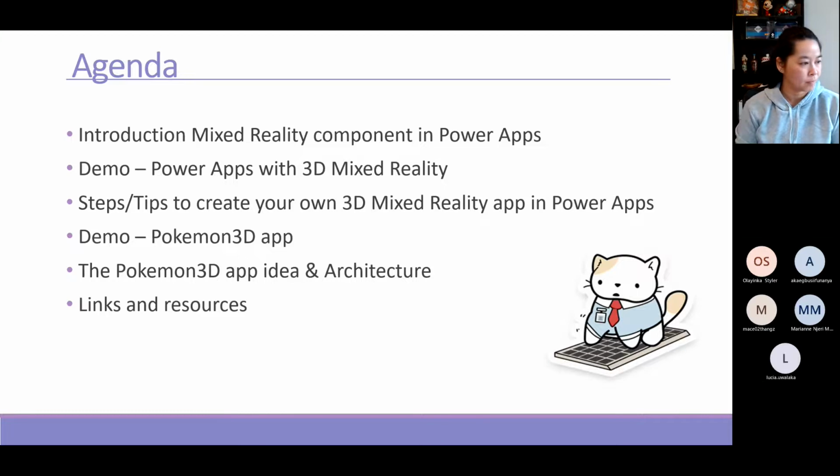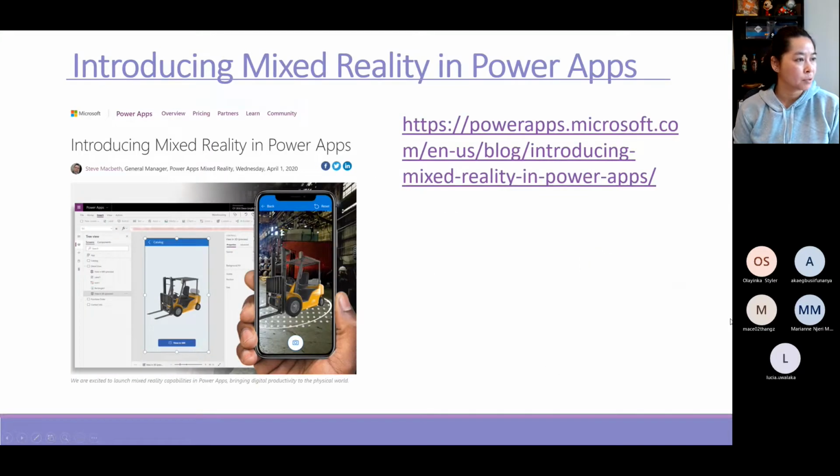Okay. So a little bit of introduction about mixed reality. It launched last year in April, and here's a blog from Microsoft about this, which shows that if you have a 3D model, because that's the main important thing, if you have a 3D model created, then you can input that into your Power App and then use it with your mobile device.